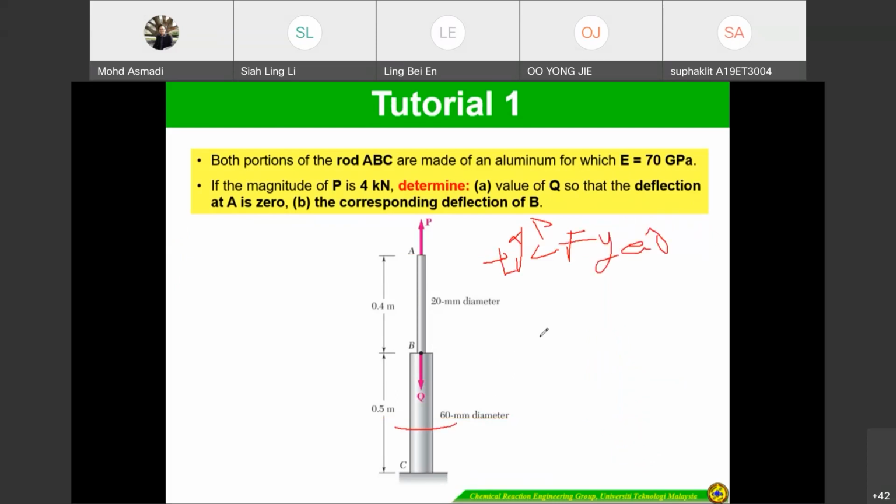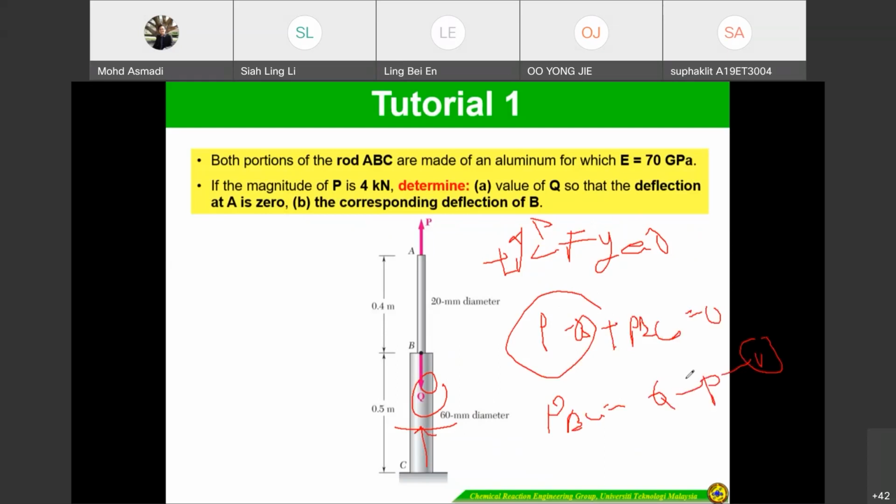So P minus Q plus P_BC equal to 0. So you can get P_BC equal to Q minus P. This one is equation 1.